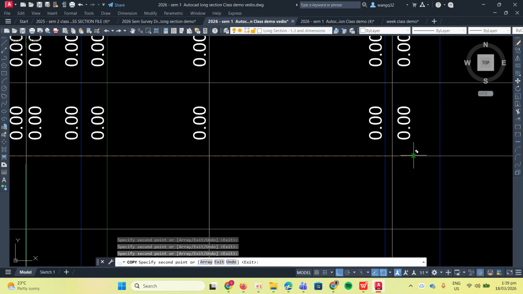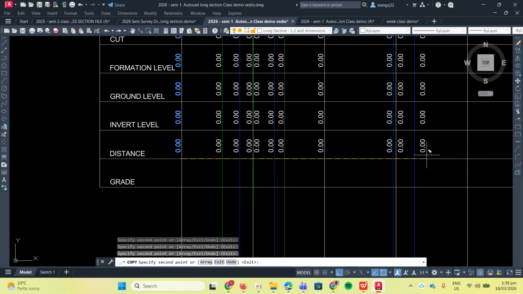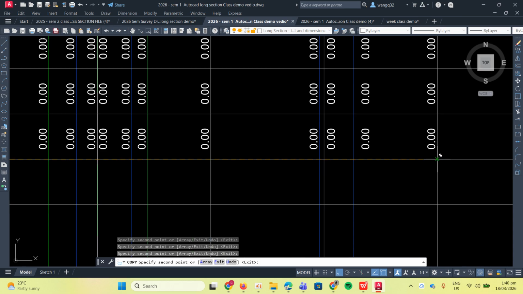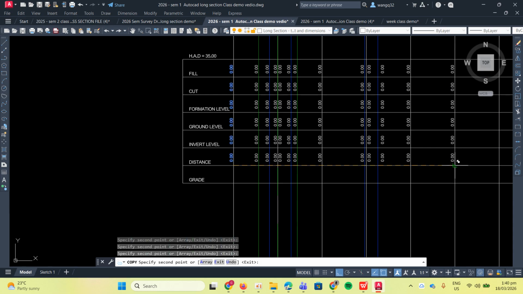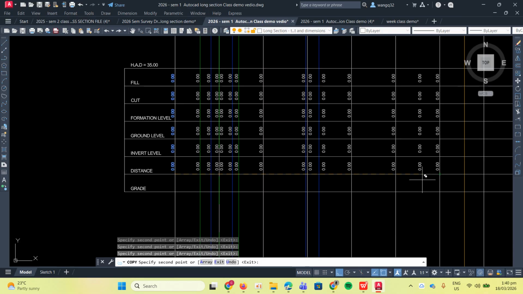And then 5-meter interval again. And then that will be the top of my cut. After that, 5-meter interval again, 5-meter again, 5-meter, and inward level of my pipe.